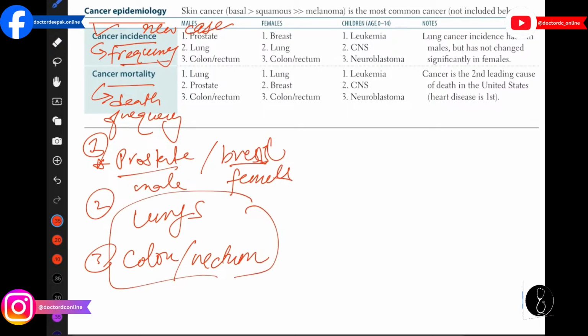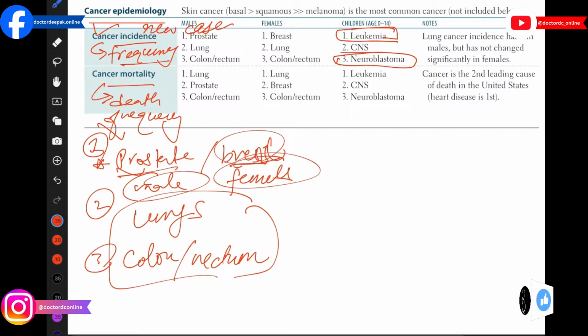These two cancers do not discriminate by gender, but the most common cancers, prostate and breast, do discriminate between the two genders. If we talk about children, the most common cancer is leukemia, the second is CNS tumors, and third is neuroblastoma.